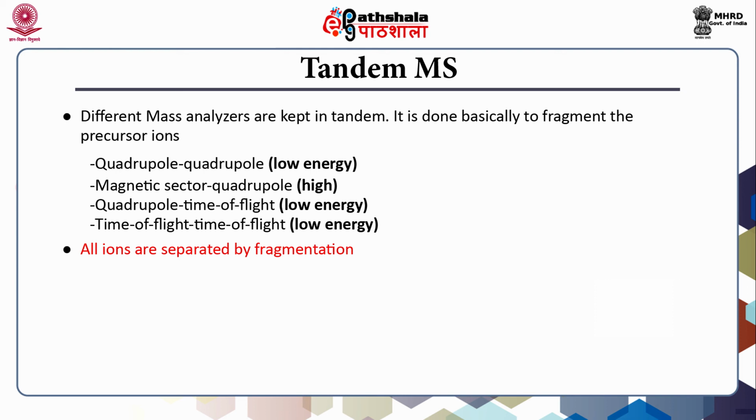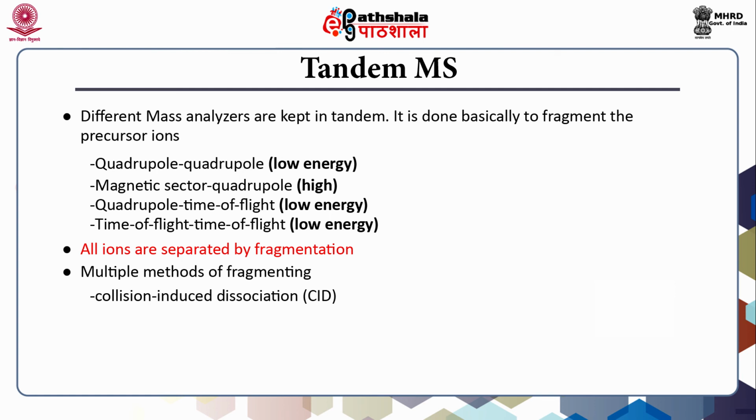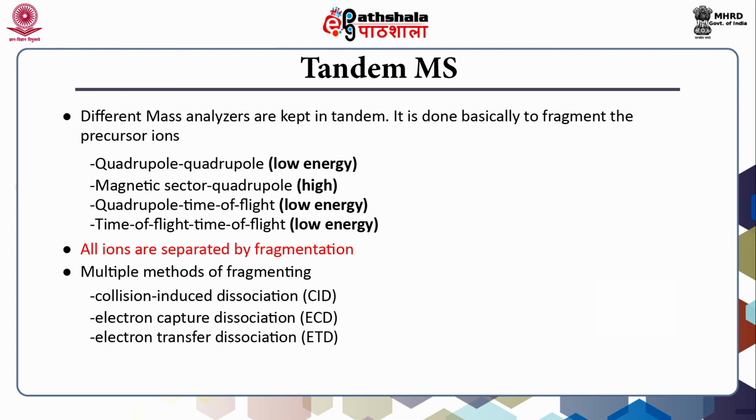That means when the molecule is entering into the mass spec, it has to be broken down into smaller elements, smaller peptides. Multiple methods of fragmenting exist. One is collision induced dissociation, that is CID, electron capture dissociation ECD, electron transfer dissociation ETD, chemically assisted fragmentation CAF, and this is a part of the mass spectrometer.